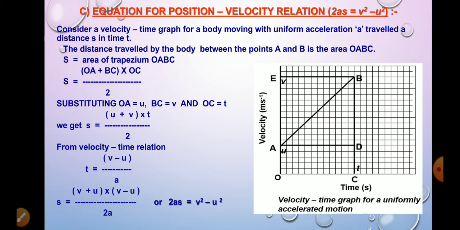So 2AS is equal to V square minus U square. Now we have obtained the third equation of motion, that is 2AS is equal to V square minus U square, which we have obtained by the graphical method.